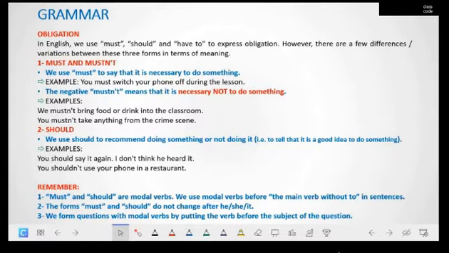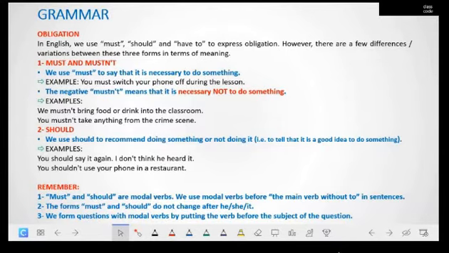Number 2, the forms must and should do not change after he or she or it. So, for example, you don't say he shoulds. No, he should without s, because normally when it comes to those singular pronouns, he, she, or it, we normally add s to the verb.